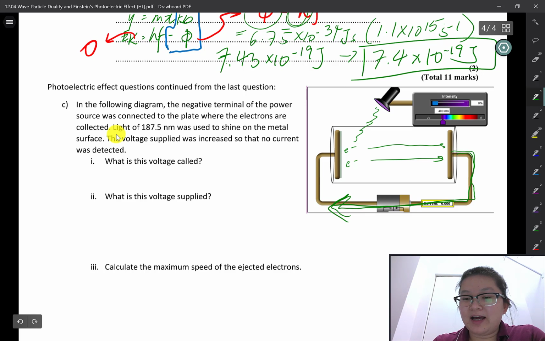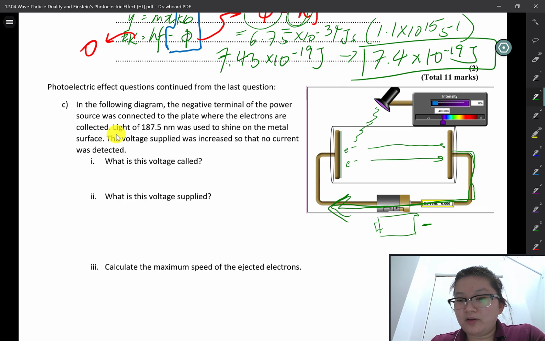However, if we apply the negative terminal in that direction, meaning we take this battery and swap it around so that the negative terminal is on this side, then the electrons are going to feel a repulsion off of this other plate. This repulsion means the electron is not going to like to move to the other side, so in order to make it over, it must have enough kinetic energy to overcome this electric potential.